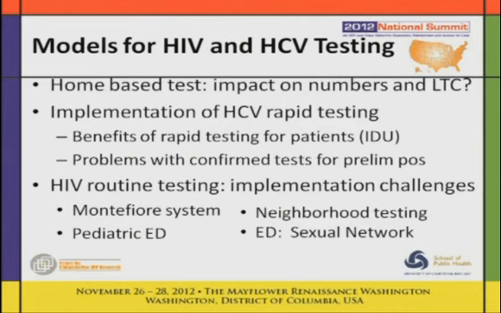The New York study highlighted the challenges of getting people who test preliminary positive to take a confirmatory test and to get those results. Again, the notion of two rapid tests being used, which is the method of most of the rest of the world for HIV testing, can be further explored for HCV testing.